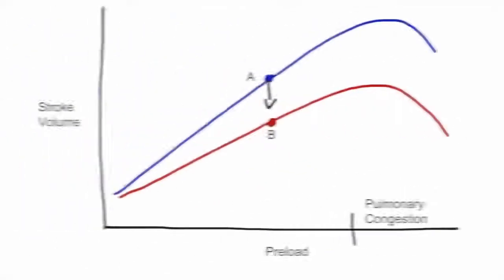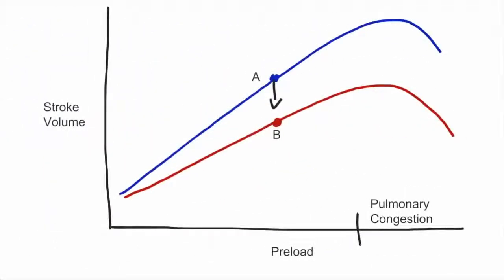Now we'll look again at the Frank-Starling curve to understand what these changes in the pathophysiology of heart failure do to the effects of preload and stroke volume in the setting of congestive heart failure. As you've heard, in both the issues of sympathetic activation as well as decreased renal perfusion, both of these in the end lead to increased fluid retention.